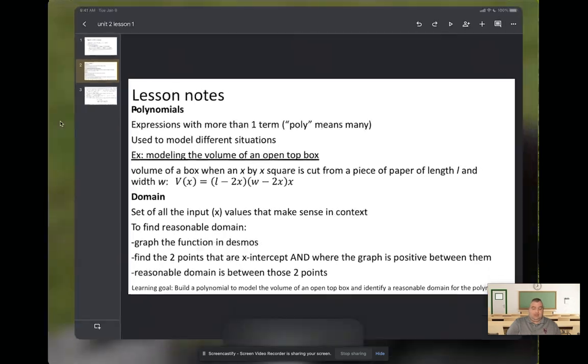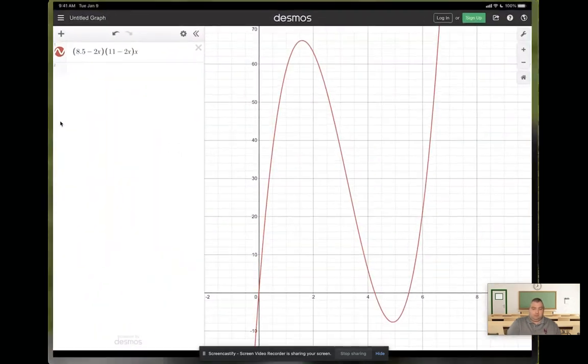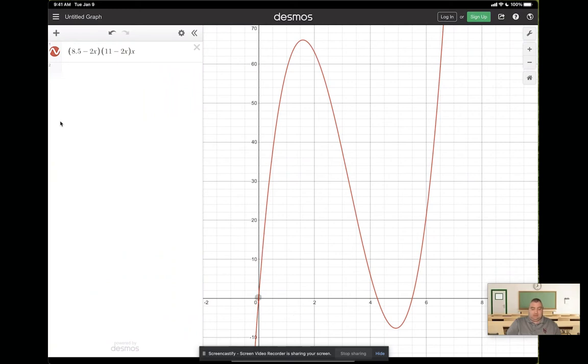So let's go back to my graph here. The x-intercepts are going to be down here. You can see, if I click on these, I have 3 different x-intercepts. Now I'm going to look for the 2 x-intercepts where the graph is positive between them.